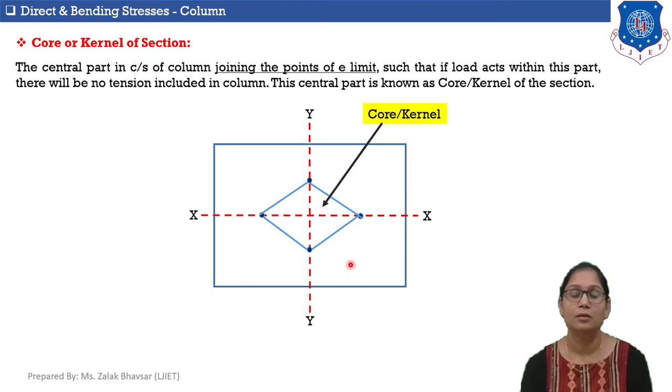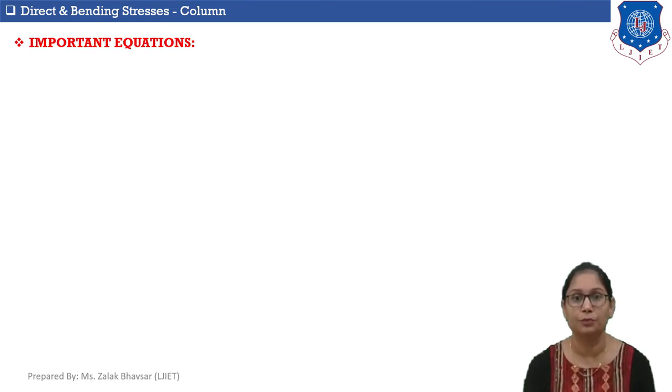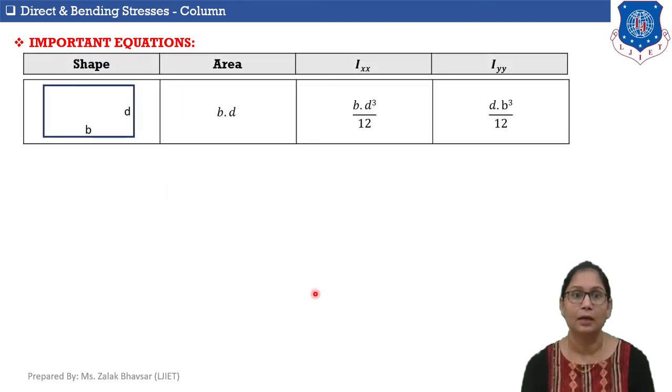Okay. So now let's move to the core or kernel of different cross sections of the column. But before that, we will discuss a few most important equations. Suppose the column section is rectangular in shape, then the area of the column section will be B into D, Ixx will be BD cubed by 12 and Iyy will be DB cubed by 12.